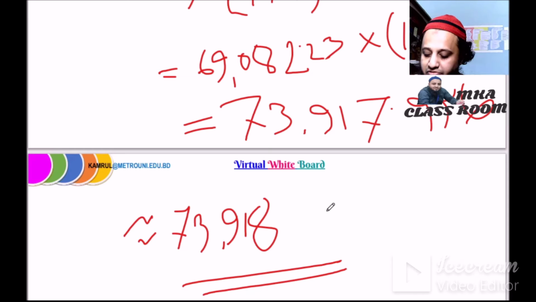If we use the financial table, then there may be a little bit of difference to this result, but not so much.